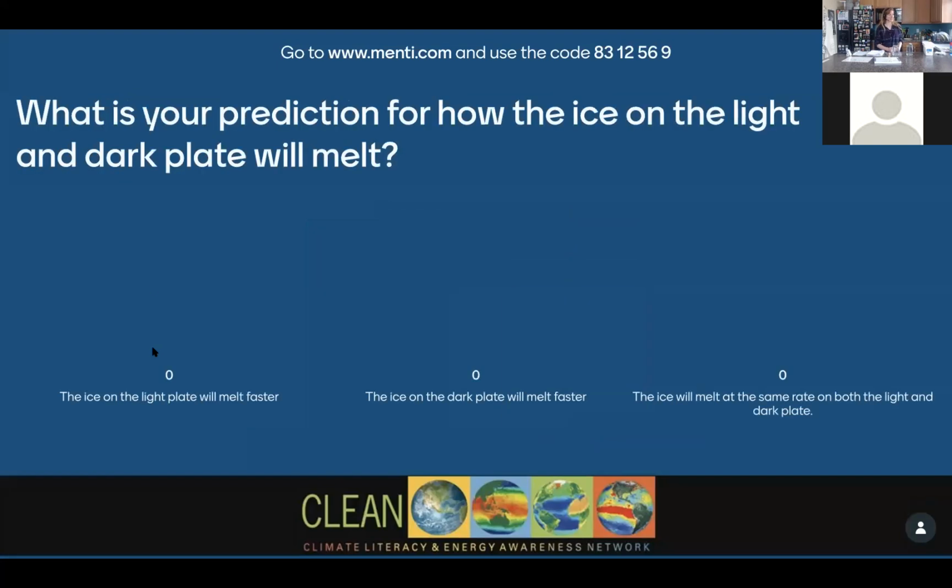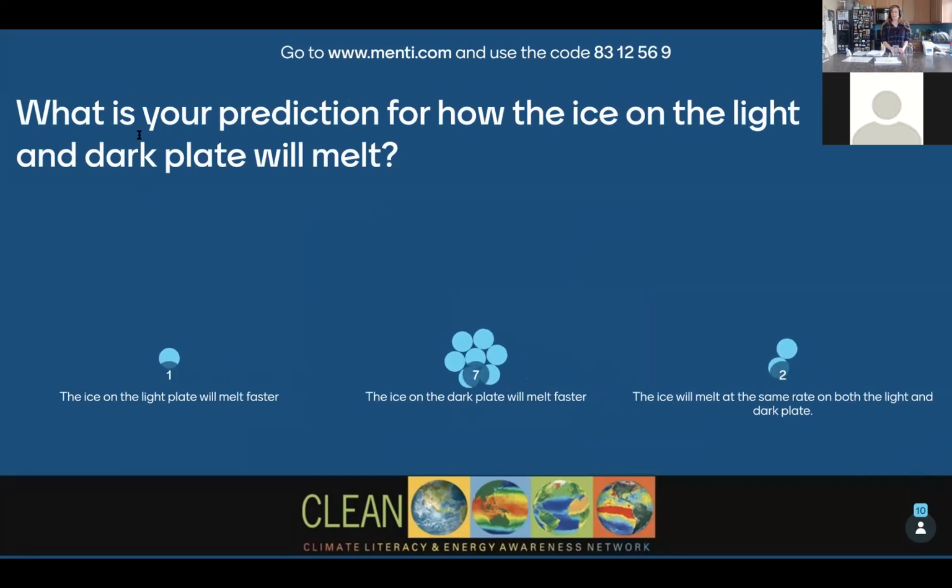And then the next question is about the plates. So we set out our experiment there. What do you think is going to happen to the ice on the light plate? What do you think is going to happen on the dark plate? How will they compare? Will the ice melt faster on the dark plate or the light plate? Why do you think? Maybe start thinking about why that could happen for each thing.